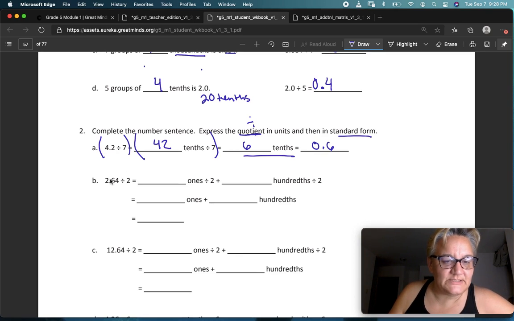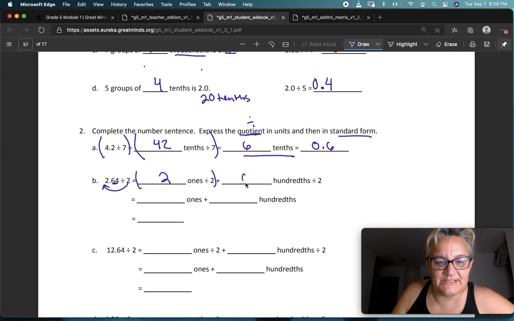Here we've got 2 ones divided by 2, and then 64 hundredths divided by 2.